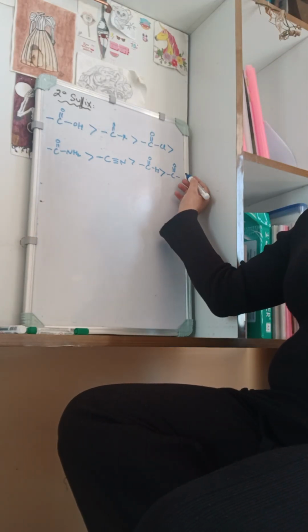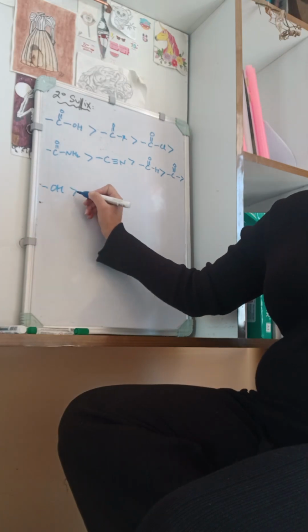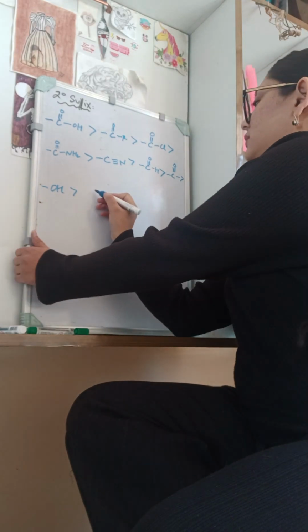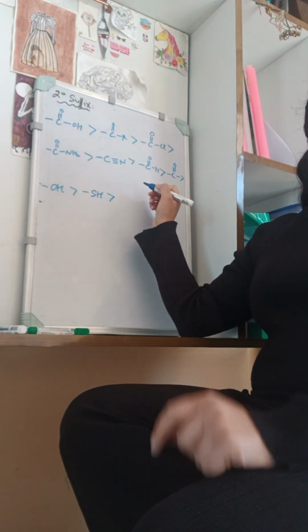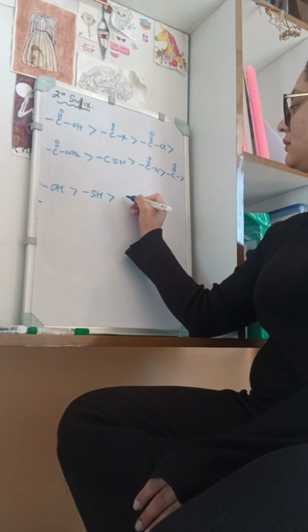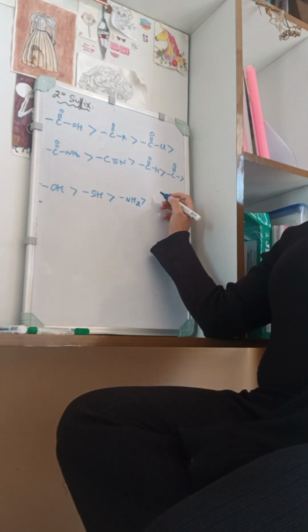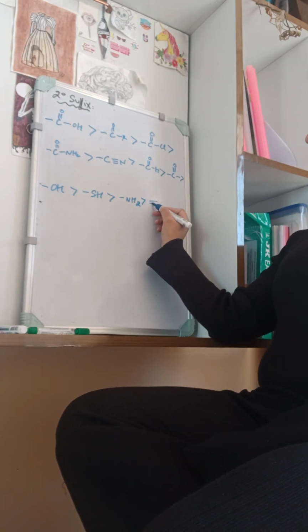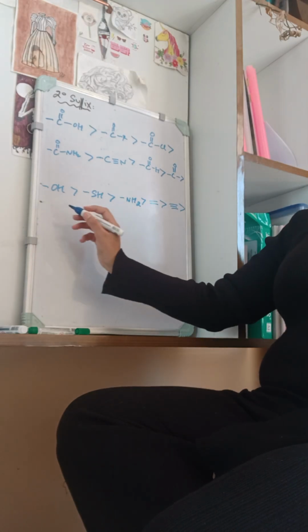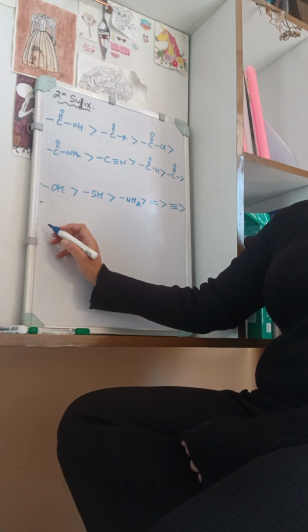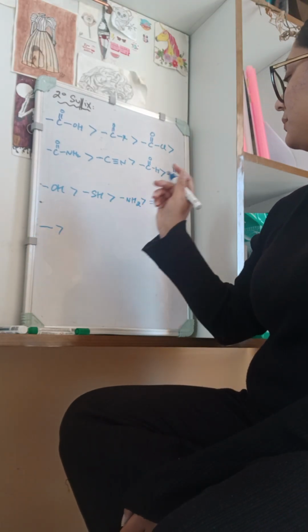Afterwards we have alcohol. We have thiol, amine, we have double bond, triple bond, and single bond.